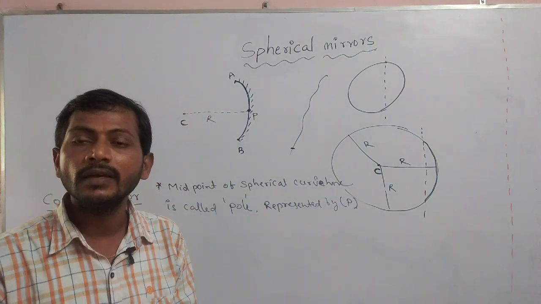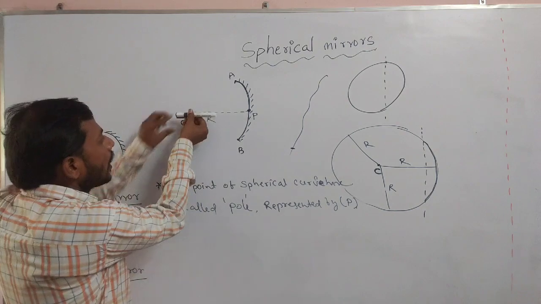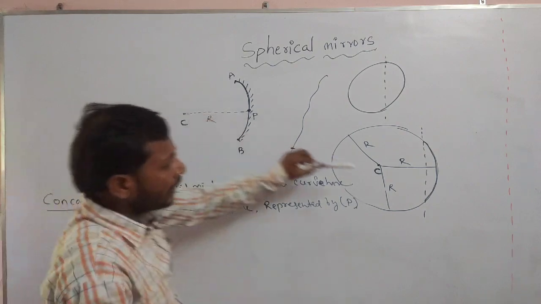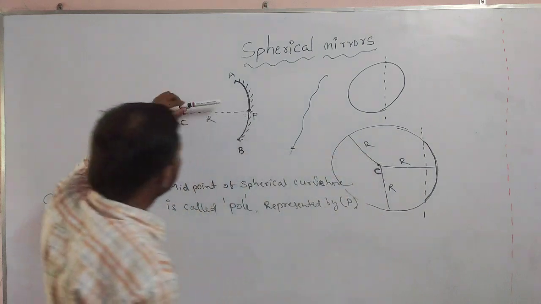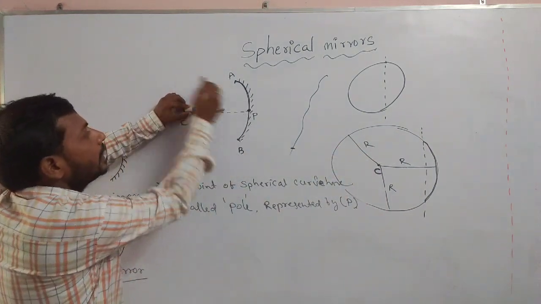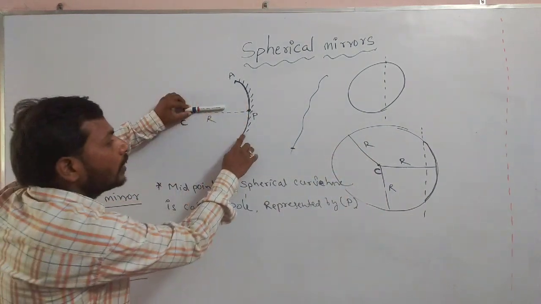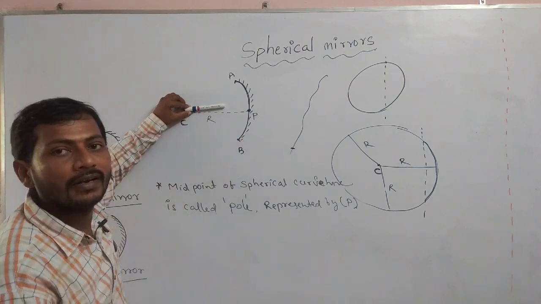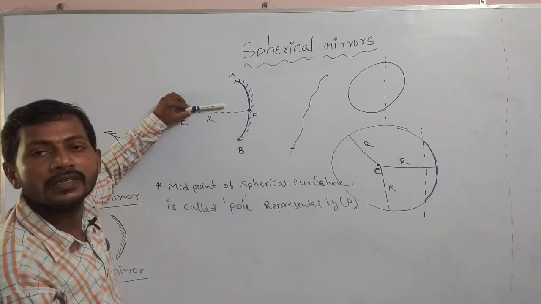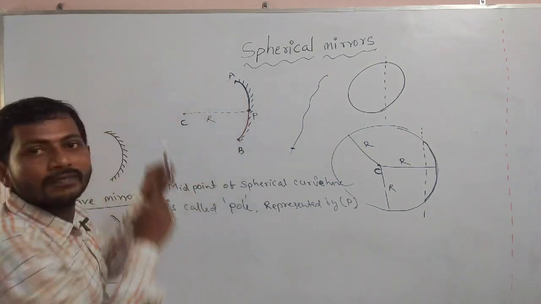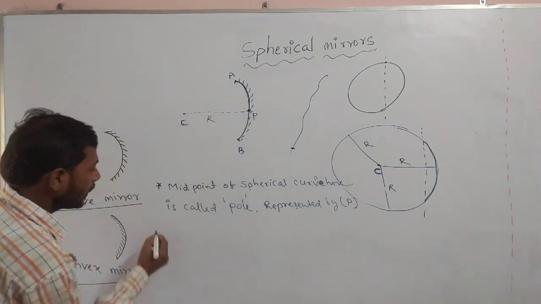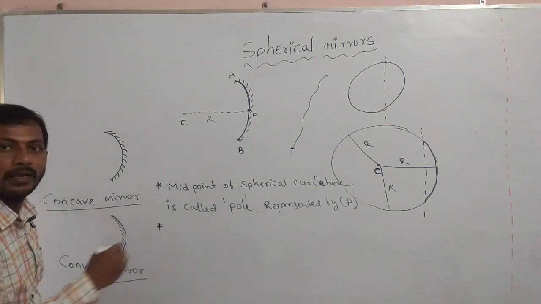Capital R is the radius of whom? Here it is the radius of a sphere, but here it is not a sphere, it is a part of the sphere. What name have we given? Curvature. Curvature means curved surface. Then I am going to say radius of curvature. What is meant by the radius of curvature, Nana? Please write there.